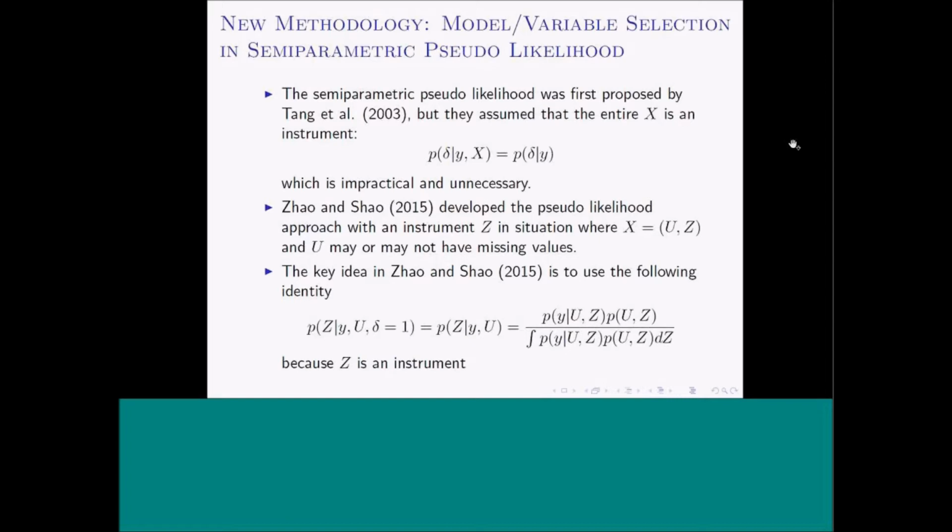The second part actually just says it's the other way around. Let's assume that the propensity is totally non-parametric, and the joint density of Y given X is parametric.